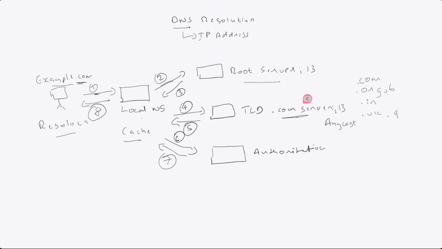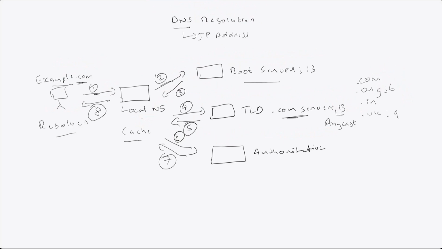So the local name server would send the DNS query to one of the .com name servers, and globally I believe we have about 13 .com name servers that can be queried. These are also geographically distributed all over the globe.